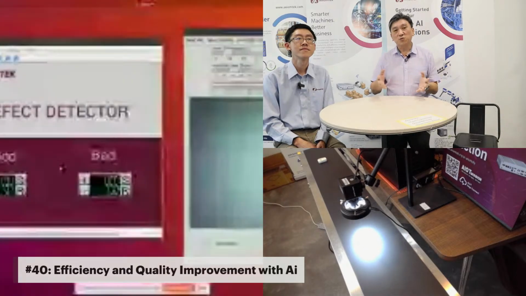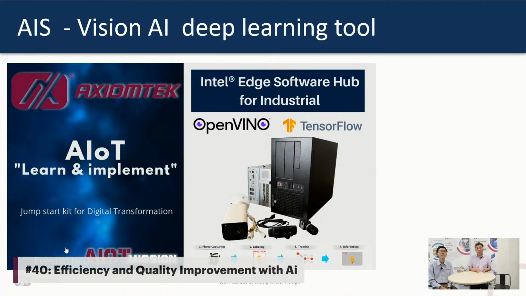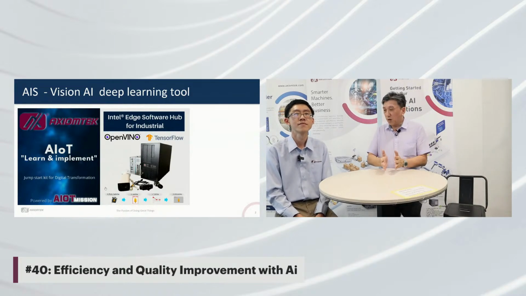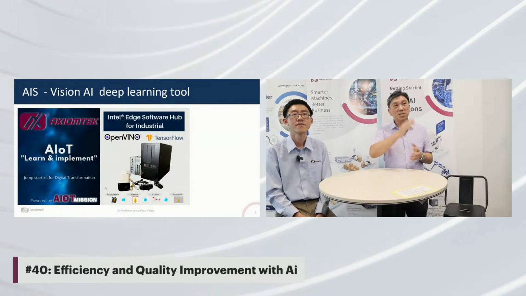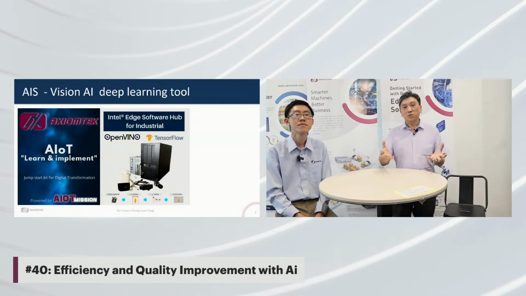So we are going to tell you how, just now Ken told you about how you can build this AI model from data collecting, training, up to inferencing and presenting data to you, to do all kinds of automation. This is the part you need in order to achieve that.